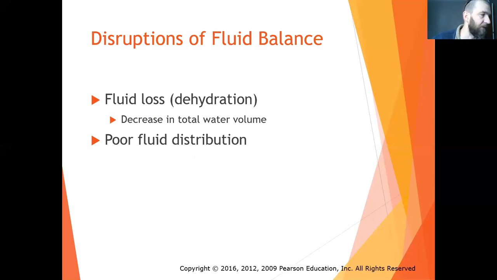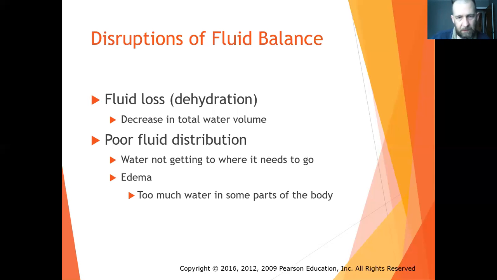So let's say we've got a liver problem and we're not making that large protein albumin. Then the fluid balance is off, because those proteins aren't sucking water from the interstitial spaces back into the bloodstream. All that extra water stays out in the spaces outside the bloodstream, and then we'll start to get edema, swelling.